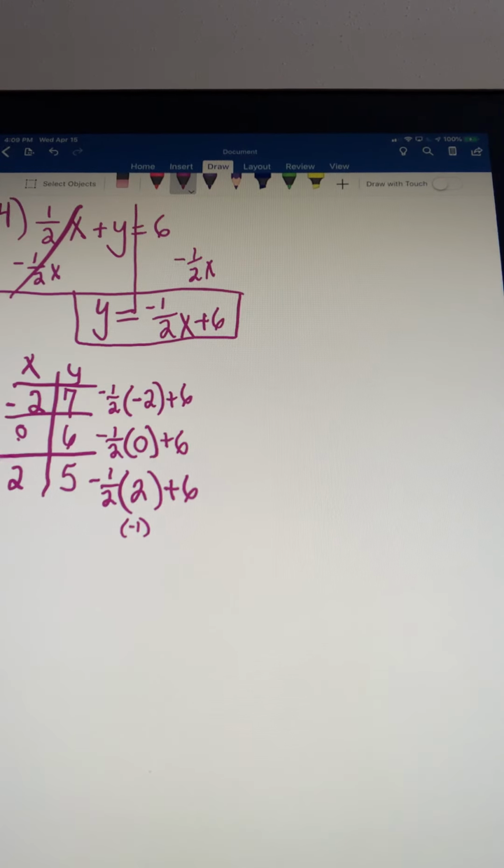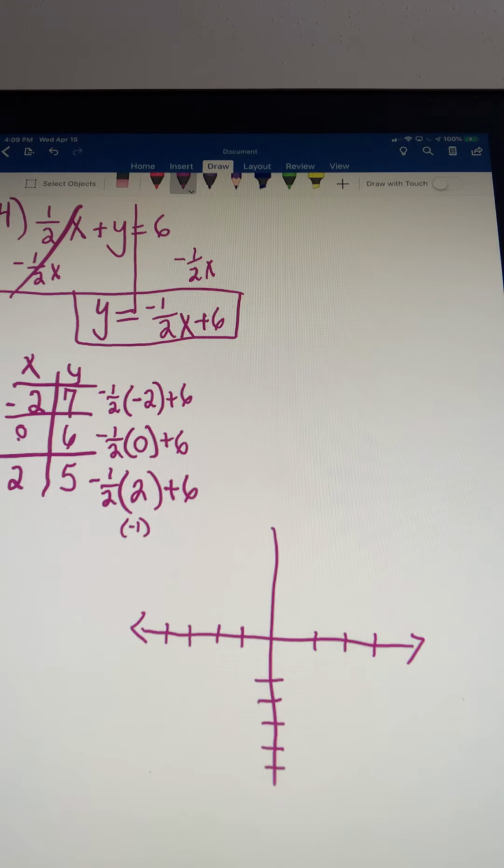Now we're going to graph. Make your graph. I'm going to do some x on the x-axis, some lines. On the y, we're going to do some lines. Okay, let me erase this a little bit. That looks a little weird. Okay, let's try. All right, now let's plot. Negative 2, positive 7.